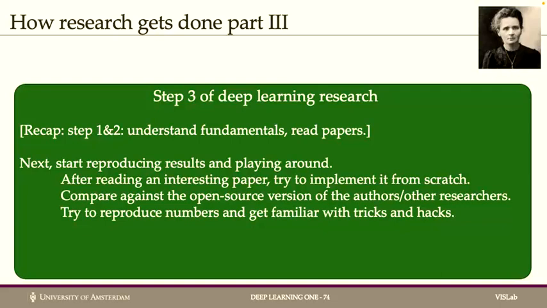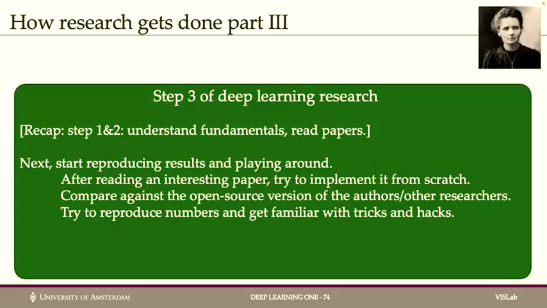Let's move on to the third part of the mini-series. Steps 1 and 2 were understand fundamentals and read papers. Step 3 is reproducing results. Again, deep learning is engineering science, so start reproducing results and playing around. If you like a paper, try to implement it from scratch. After that, ideally compare it against the open source version of the authors, or maybe someone else has reproduced it.